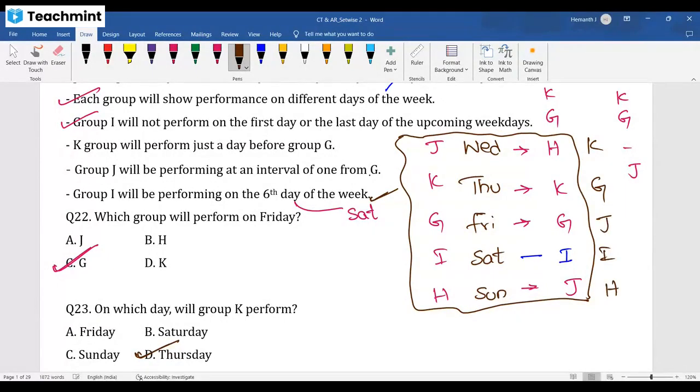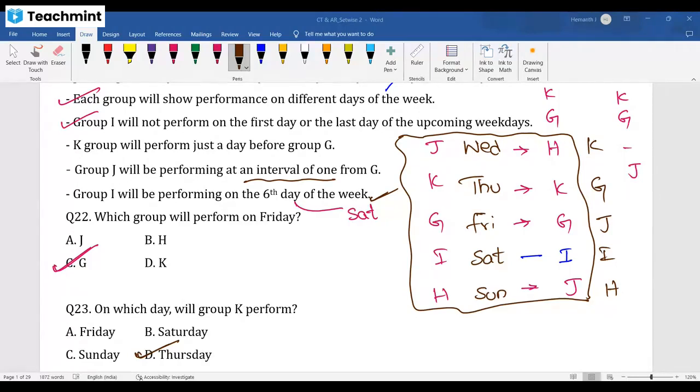They need one interval gap, right? Interval of 1 means it seems that one gap is required. Some people are thinking in this direction. Up to my knowledge, with that statement, there should be a gap between G and J. Whether you agree with that gap required or not, J will perform at an interval of G. Yes, that's what.